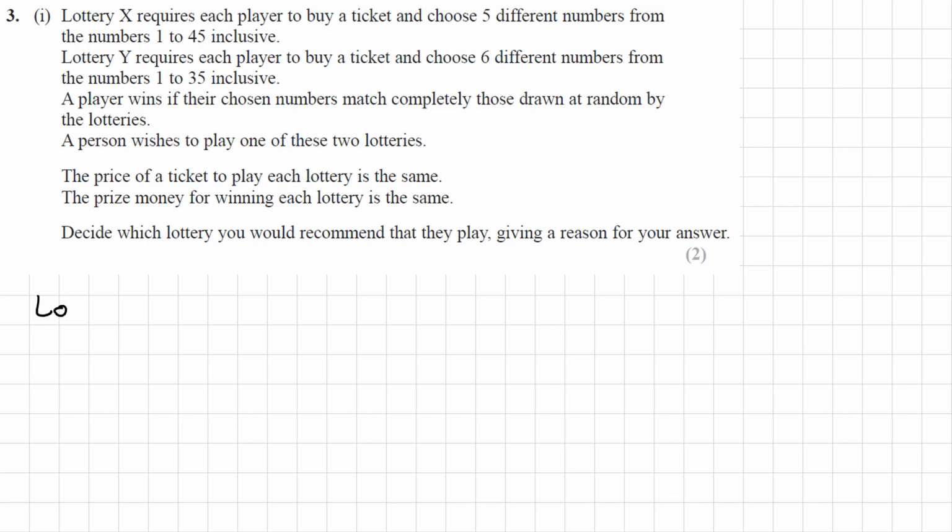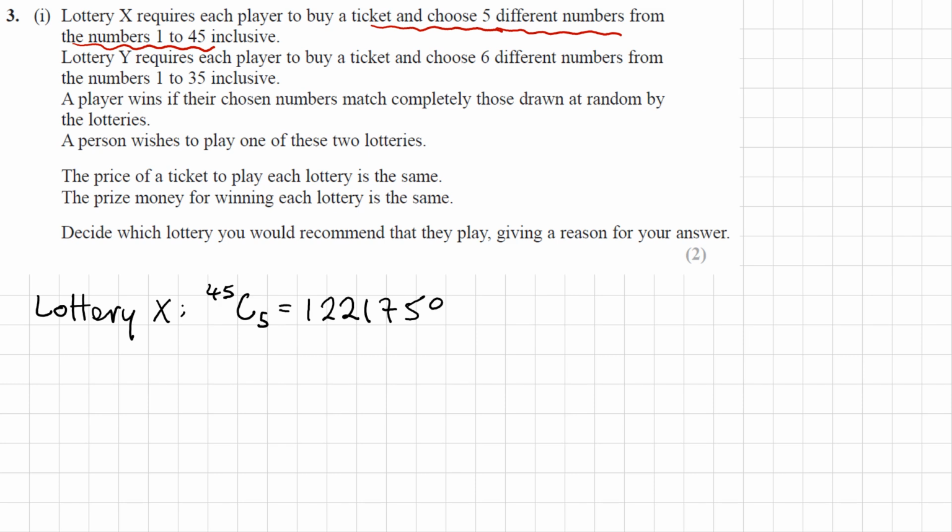Right, so let's start with lottery X. If we have a look at lottery X, we're choosing 5 numbers from 45 numbers. So the number of possibilities is going to be 45C5. If we do that on our calculator, we get 1,221,759 different possibilities.